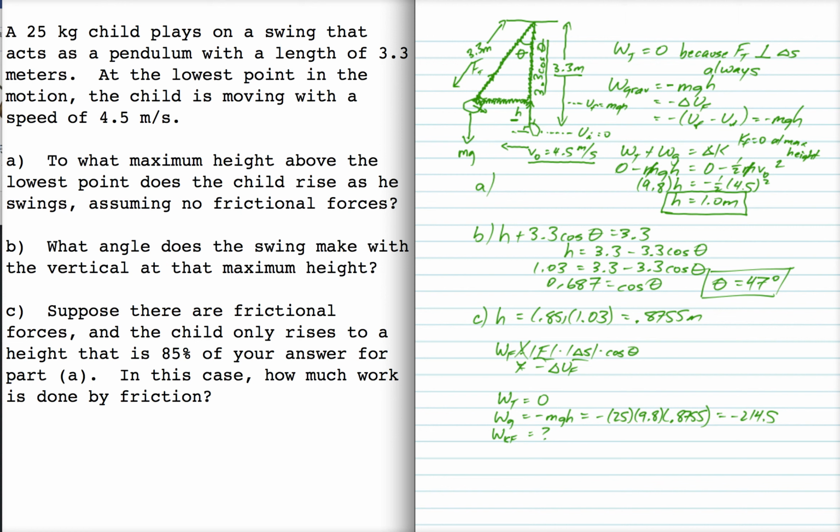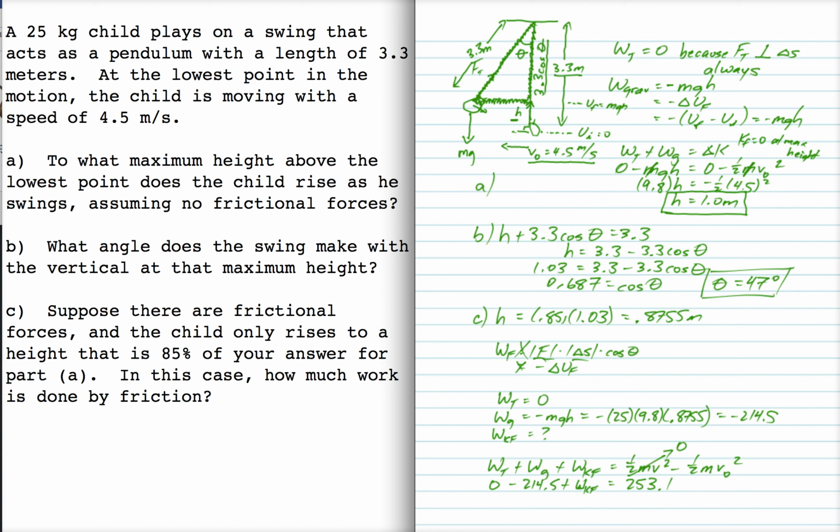So the work energy theorem says that the sum of the works is equal to the change in kinetic energy. Again, the final kinetic energy is 0, and so I get 0 minus 214.5 plus this unknown work done by kinetic friction is equal to minus 253.1.